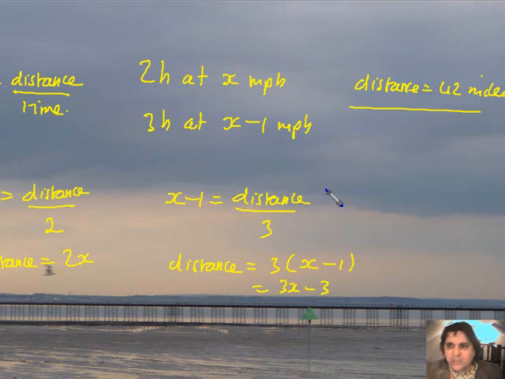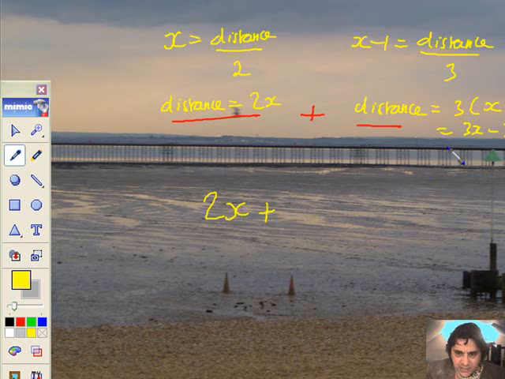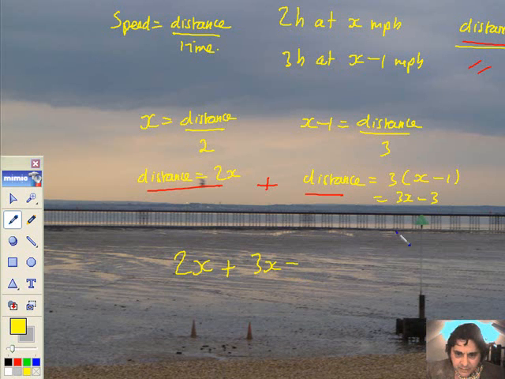I'm told the total distance is 42. In other words, that plus that equals that. Is that alright? So in other words, let's just do this. Back to yellow. I've got 2x, that distance, plus 3x minus 3, that distance, all comes to 42 miles.